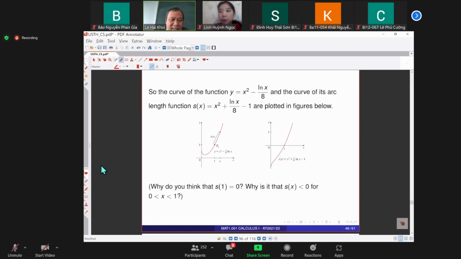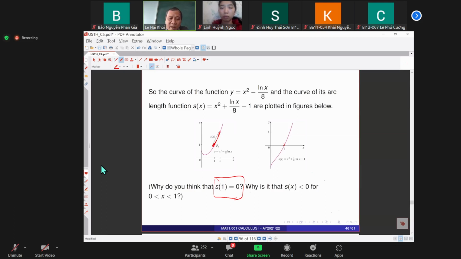So what do you think, why is S(1) equal to 0? Because you start from 1, right? You start from (1, 1) to x. Then this length, the first point is (1, 1), and S(1) is 0, right?